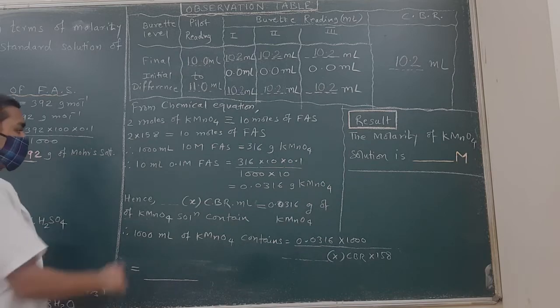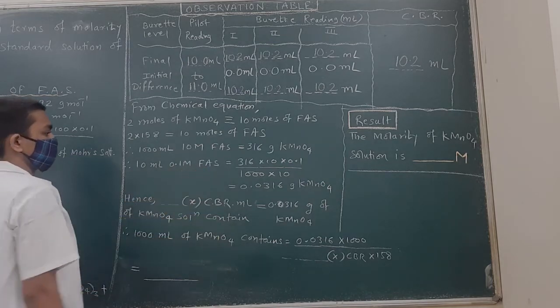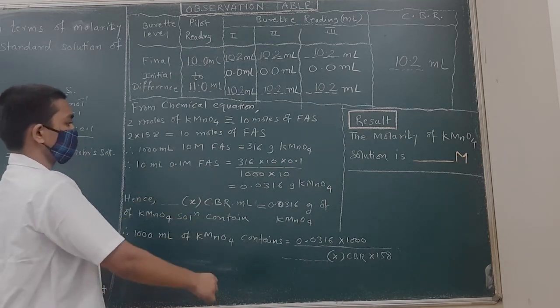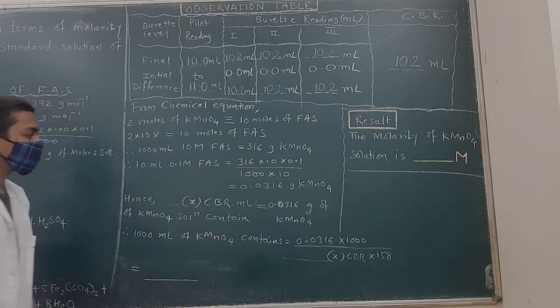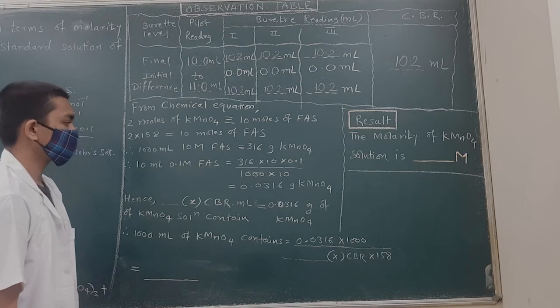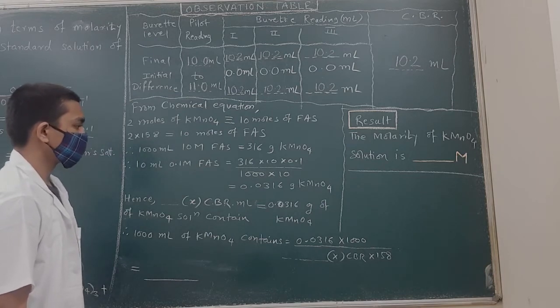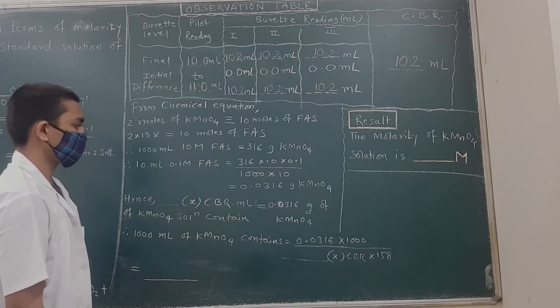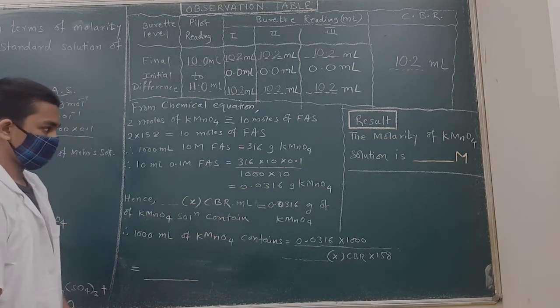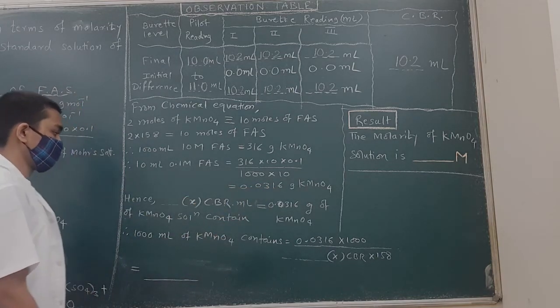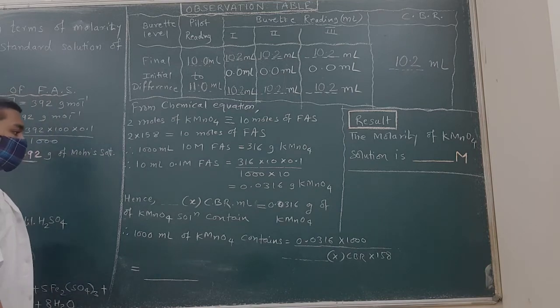Therefore 10 ml of 0.1 molar FAS is equal to 316 multiplied by 10 into 0.1 divided by 1000 into 10. Now this particular calculation comes out as 0.0316 gram of KMnO4. Our constant burette reading is 10.2.